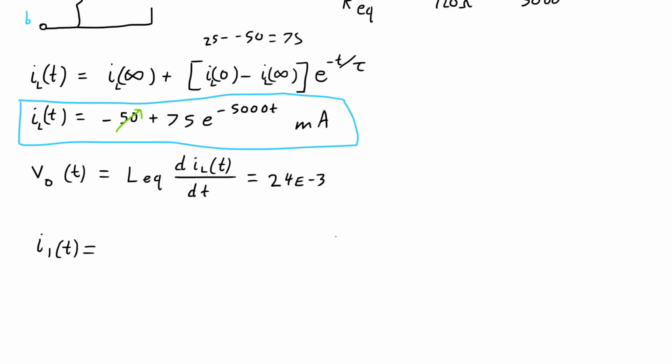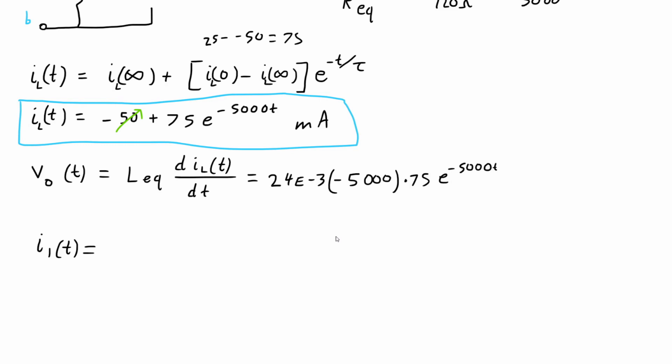And that's going to be 5,000, so I'll just say minus 5,000 times 75 e to the minus 5,000 t.